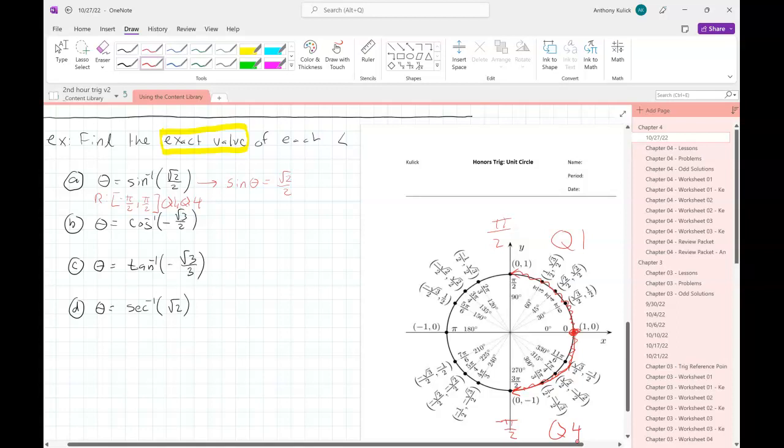On the unit circle, how do I find sine? It's the y coordinate. So what I'm going to do is look at quadrants 1 and 4 on the unit circle for the place where the y coordinate is the square root of 2 over 2.